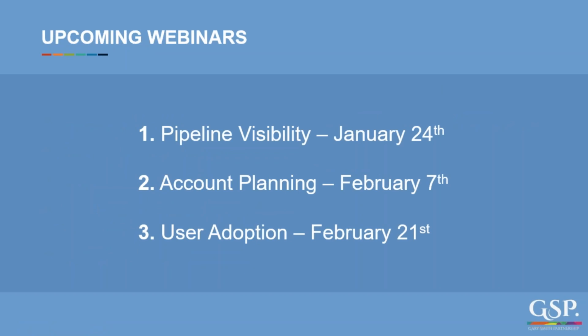So the topic we'll be covering in a fortnight's time is pipeline visibility, so how you measure the size, the trend, the quality of the pipeline. We're going to be looking at some dashboard charts and reports and some sales metrics to do that. And then on February the 7th, we're going to talk about key account management, so key account planning and targets in relation to key account planning.